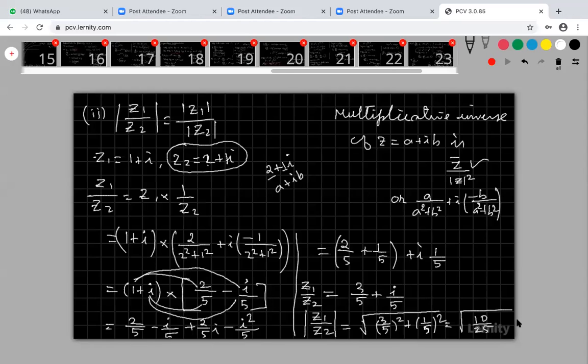You cancel by 5. So therefore this is root of 2 by 5. My final answer is root of 2 by 5.